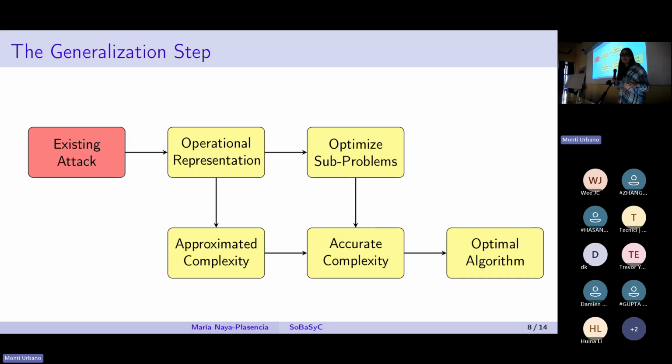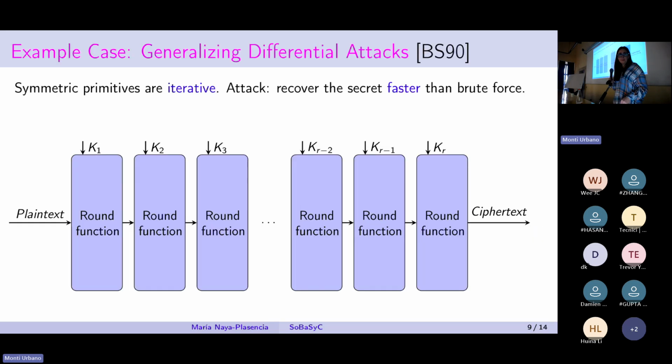And with these two parts, we can try to combine them to obtain a more accurate complexity in the end, by substituting the complexities we had before with the problems that are now better solved. And in the end, we hope it will give us an optimal algorithm in order to be able to implement it for finding the attacks.